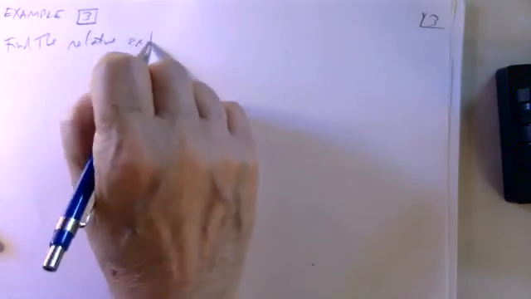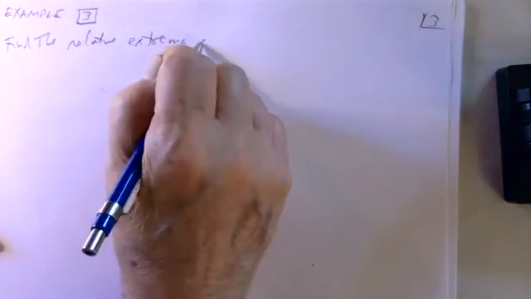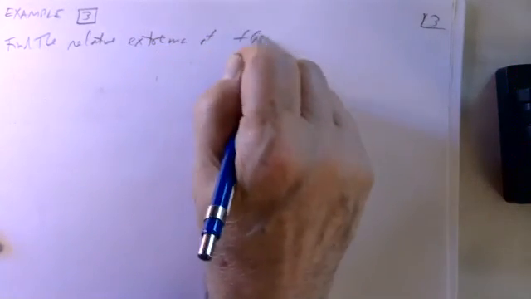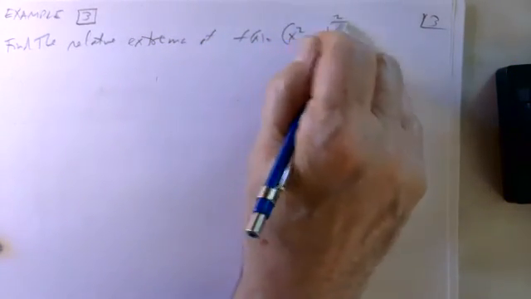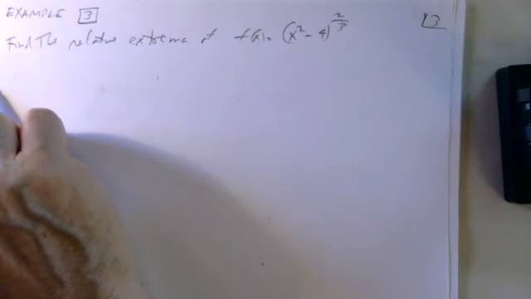Find the relative extrema of the function f of x equals x squared minus 4 to the power 2/3.